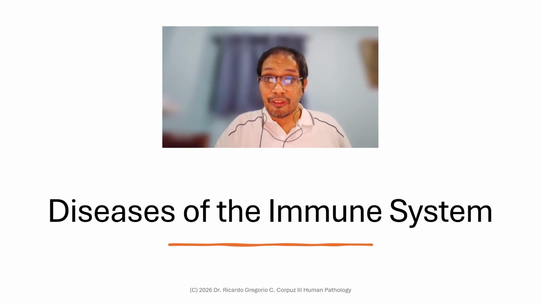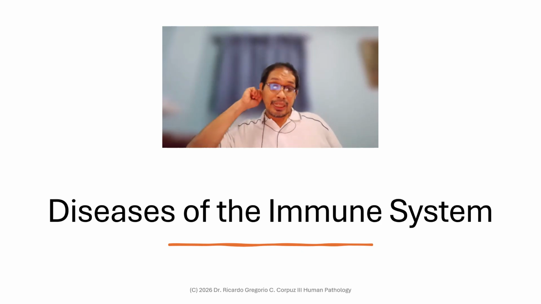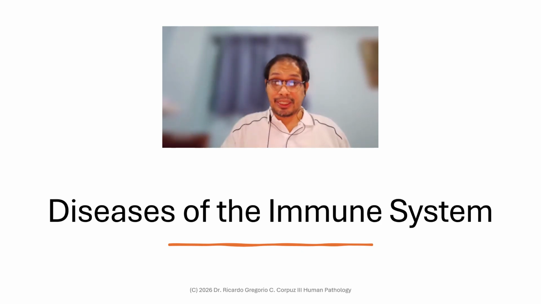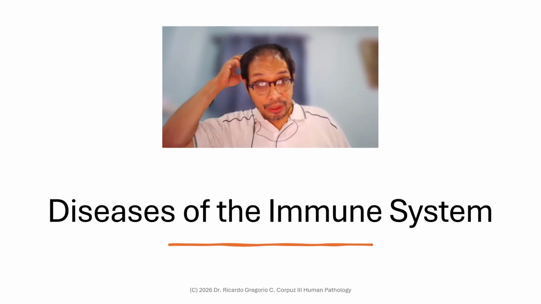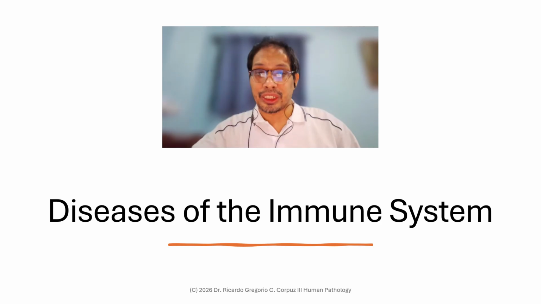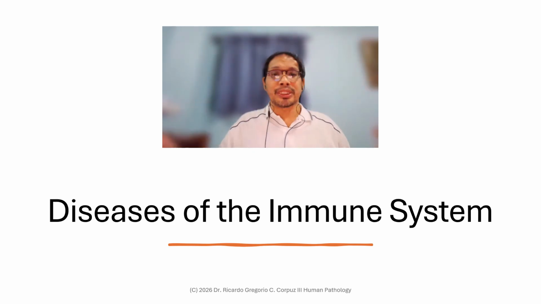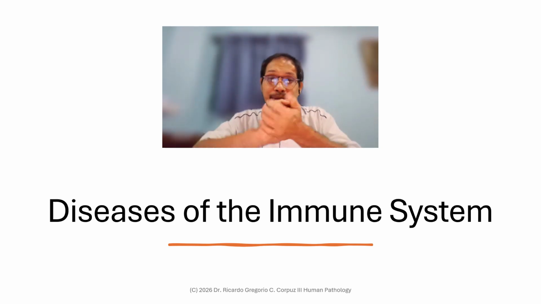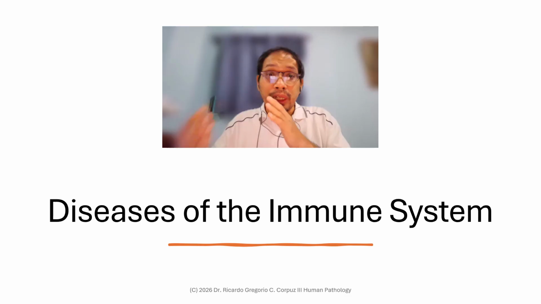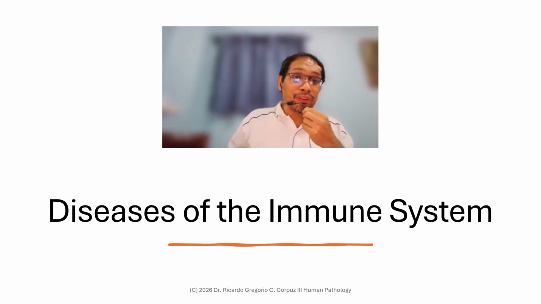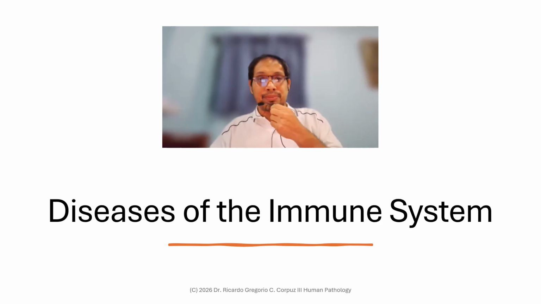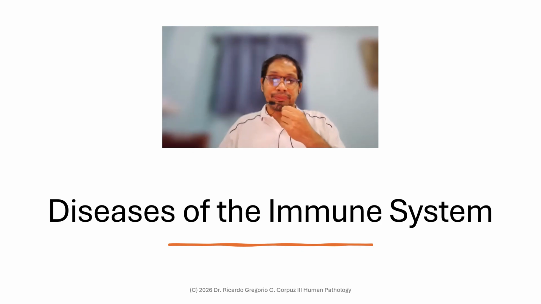Immune recognition of transplanted tissues as foreign. This involves both cellular and humoral mechanisms with hyperacute, acute, and chronic patterns. Next, amyloidosis. These are misfolded protein depositions that disrupt organ structure and function, often linked to chronic inflammation or plasma cell disorders.